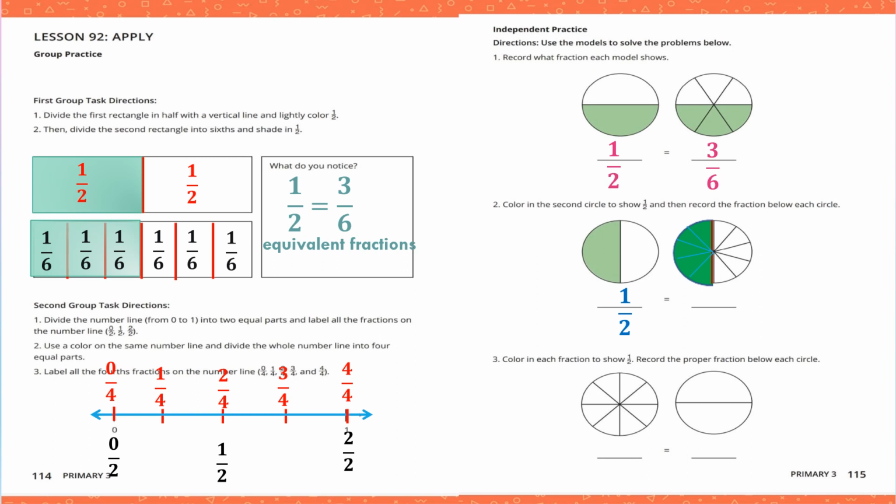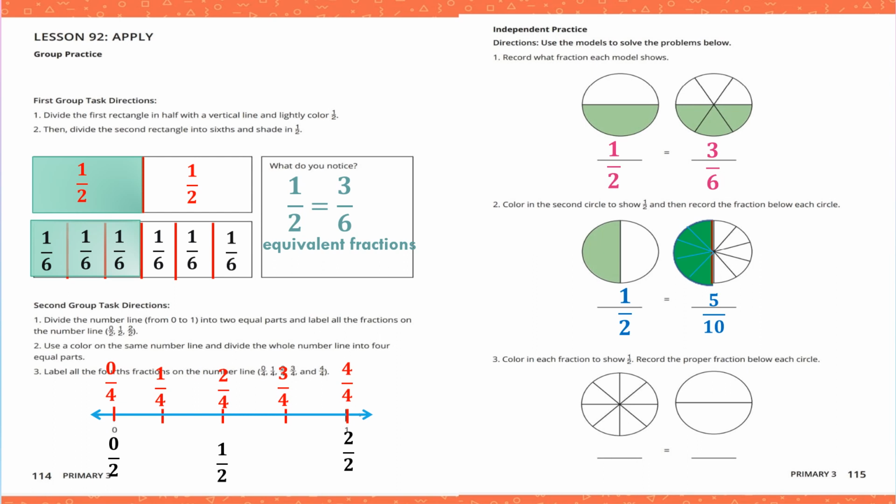So the fraction of this, how many colored parts? 1, 2, 3, 4, 5. 5 over what? The total parts are 10. So 5 over 10. Also, 1 over 2 equals 5 over 10. They are equivalent fractions. They look different, but they have the same value.